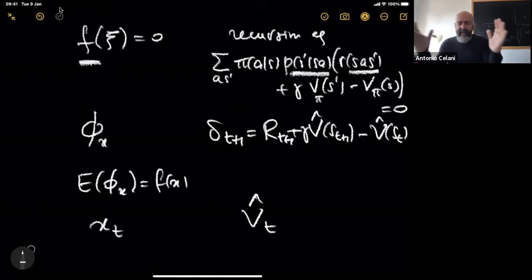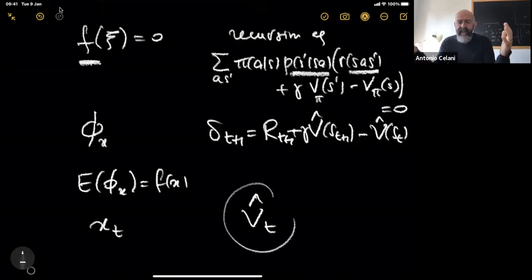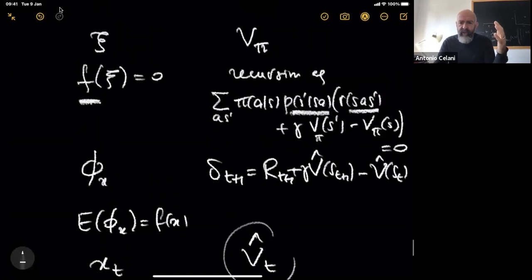So you see, this is the table of correspondence. Any point x, which is my guess, is one estimate of the value function. The true value function that I'm looking for is the solution of the recursion equation, which is the value of the policy that I'm currently investigating. Okay, so this is the correspondence between the things that we've been playing with so far and the things we're after.